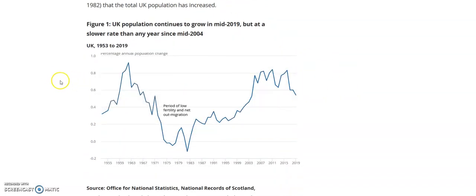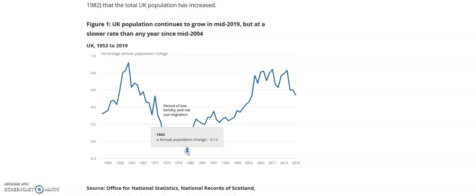You will see the growth rate of the UK population starting from 1953, with the peak at 1962. This is the highest growth rate in population, and then we have 1982.